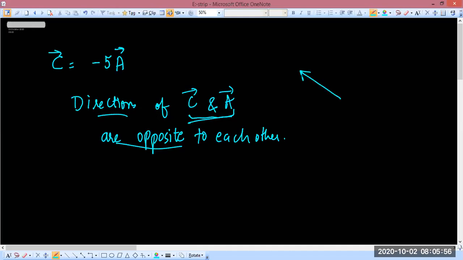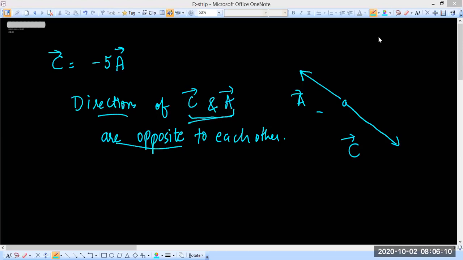So that is, if a vector is in this direction, then c vector will be opposite to that. No, that's wrong, Rahul. C towards left, A towards right. No, not like that. Sorry, wrong.